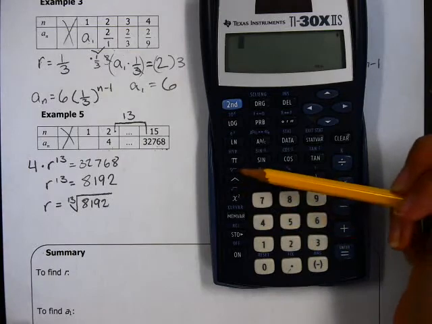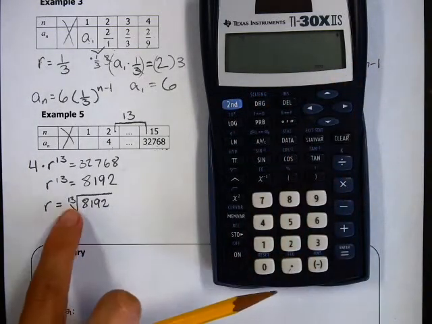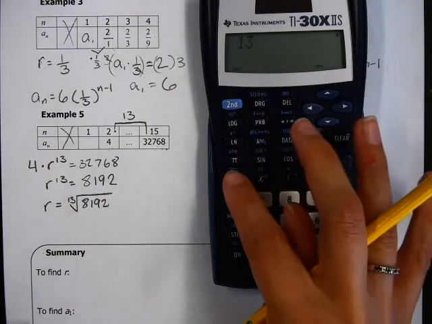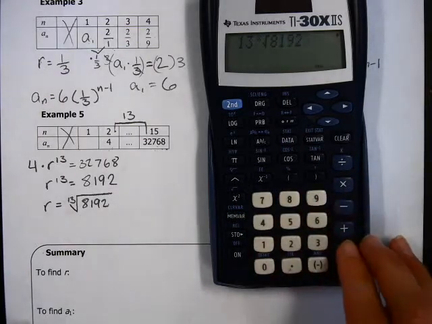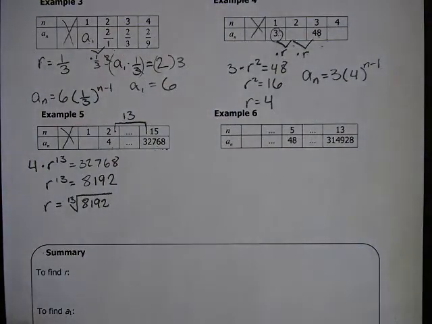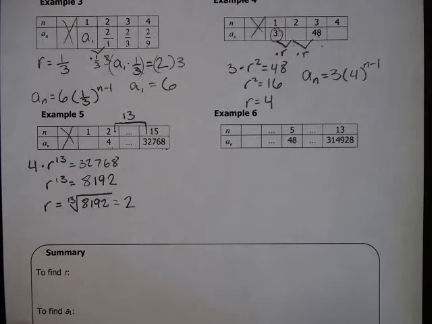So on these blue calculators, it's this one right here. So you have to type in which root you're finding first. So 13 root 8192. So the 13th root is 2, and that is our common ratio.